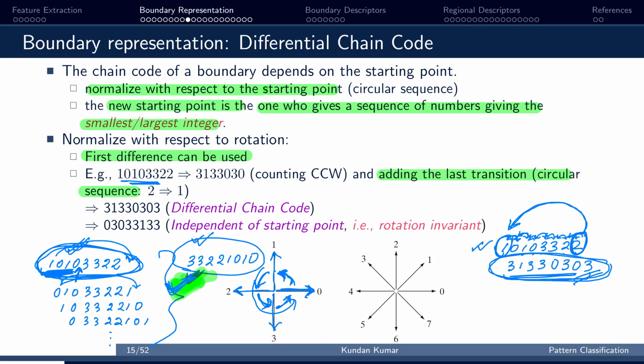differential chain code, which is independent of rotation, but still it is dependent on the starting point. So we have to make it independent of the starting point.